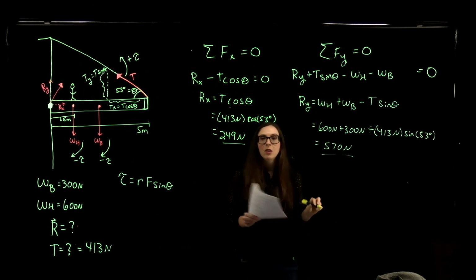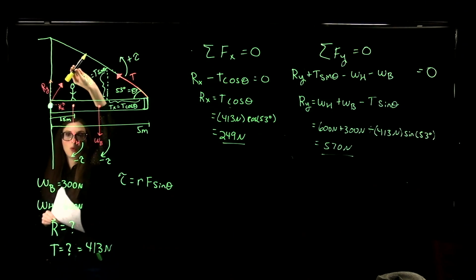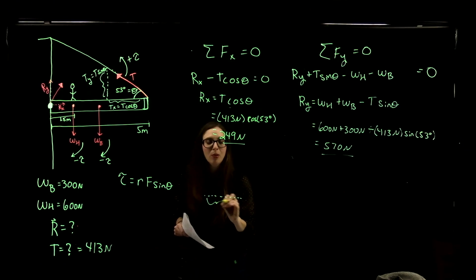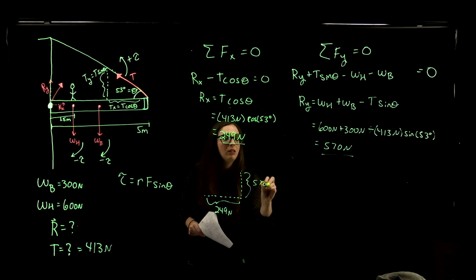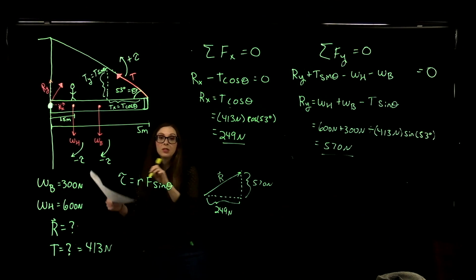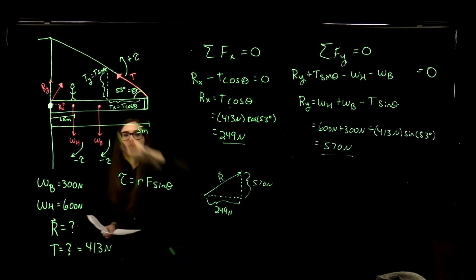Okay, so we've got the x component of that force, the y component of that force. So the x component of that force that the wall exerts on the beam is 249 newtons. The y component of that force is 570 newtons. So our vector here for the total force that the wall exerts on the beam looks like this. So it's pointing off in this direction.